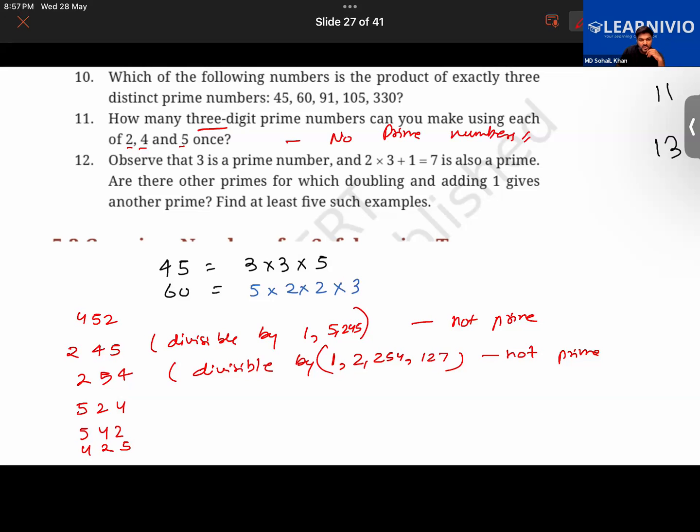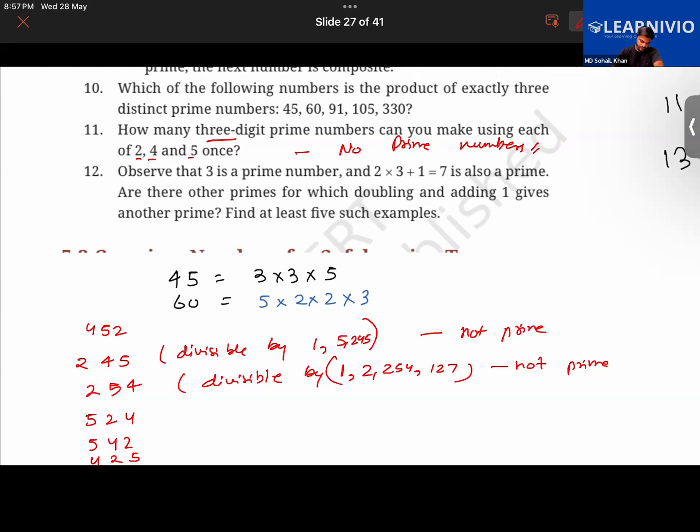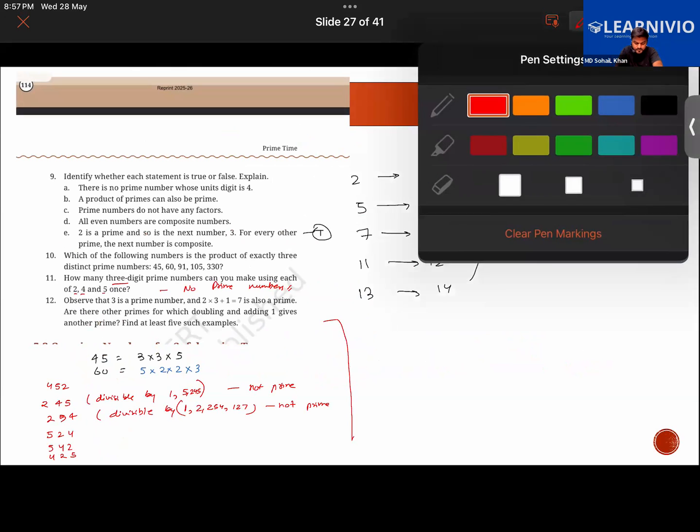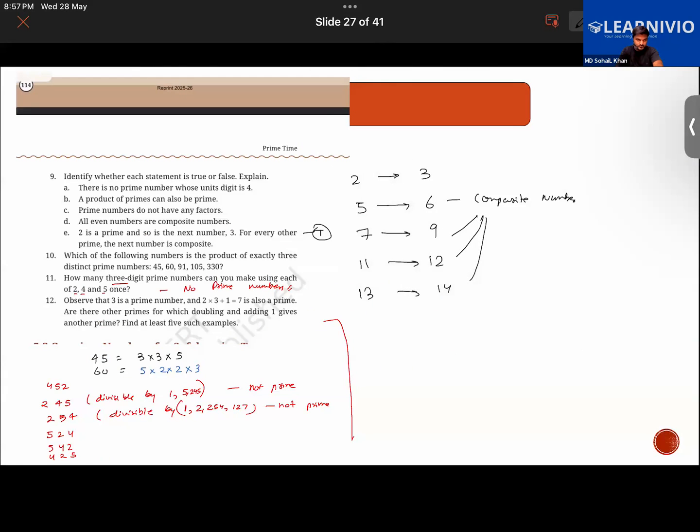Okay, move on to question number 12. Observe that 3 is a prime number and 2 multiplied by 3 plus 1 equals 7, which is also a prime number. First we have to take prime numbers. We can take 5. 2 into 5 plus 1 gives us 11.